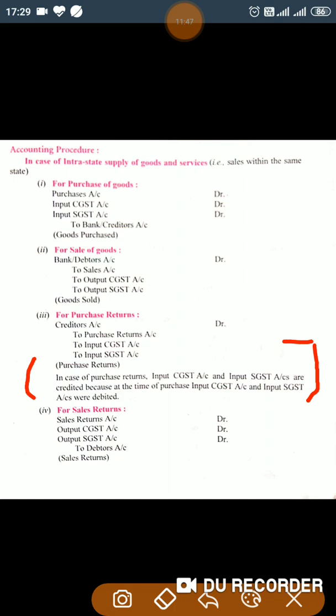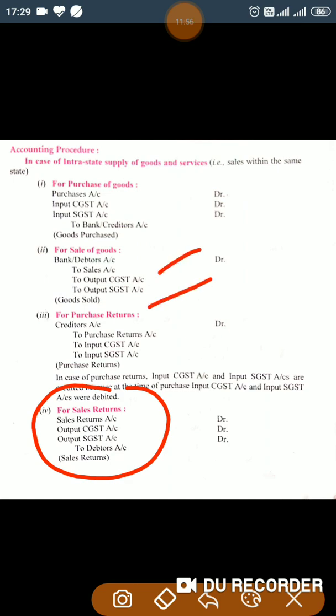Right? So sales return. Now the next journal entry is sales return. At the time of sale you have collected output CGST and SGST. Sales is an income. Sales return is a decrease in income. Decrease in income should be debited. And at the same time, earlier these were liabilities.